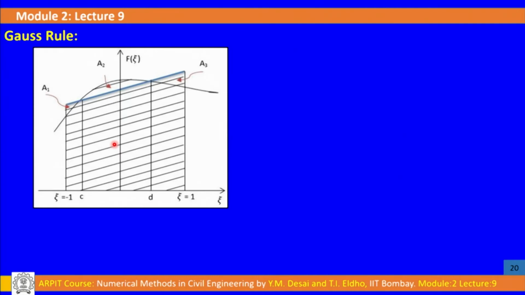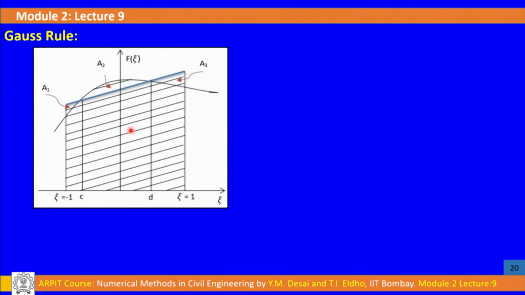Now, look at the beautiful simple thing that he has done. He says, by doing so, I have areas A1 and A3, which are overestimated compared to the actual area beneath the curve. On the other hand, I have part of the area which could not be accounted for.